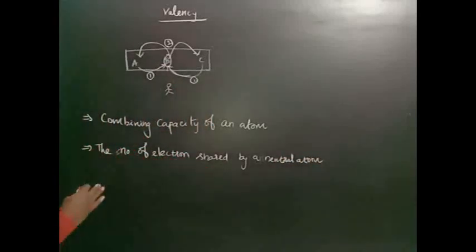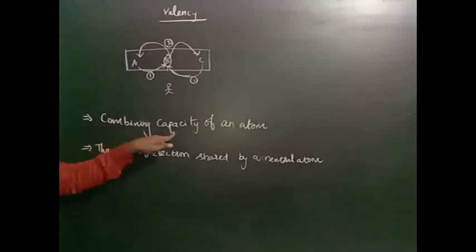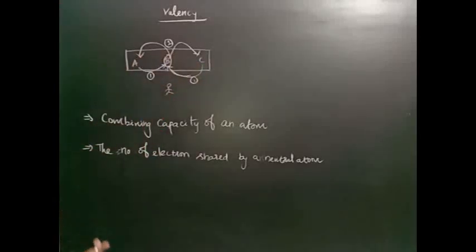Okay, here, what is valency? Valency is nothing but the combining capacity of an atom. Which means, if B is there, it is conversing with these two people. While it is conversing with these two people, it gets somewhat normal, or else it is getting into a comfortable zone. Each element wants to get some comfortable situation.